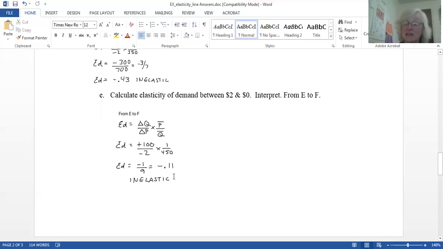So the lesson is, as we walk our way down the demand curve from higher price to lower price, increasing the quantity demanded along the way, the elasticity gets lower. It becomes less elastic. It goes from big absolute values to small absolute values, okay? From big numbers above 1 to small numbers less than 1.